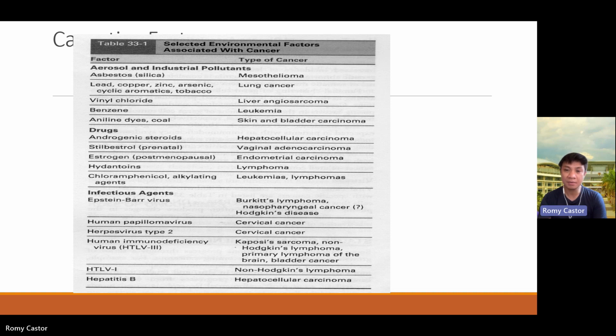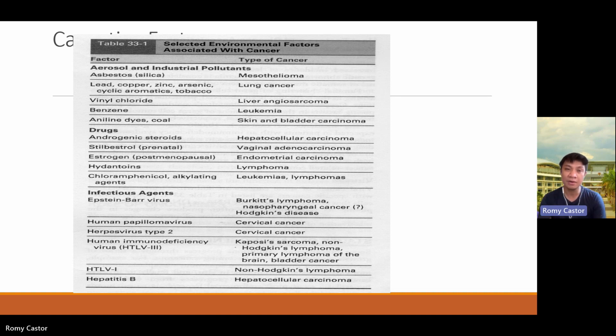Like in the case, for example, exposure to UV light or direct exposure to sunlight can induce the production of thymidine dimer. So pag nabuo ang thymidine dimer, so usually, di ba, ang base pairing natin, your A base pairs with a T, or the adenine base pairs with a thymine.